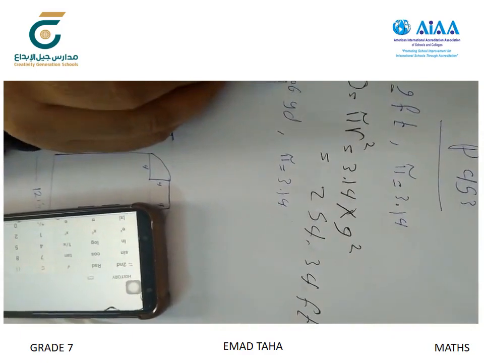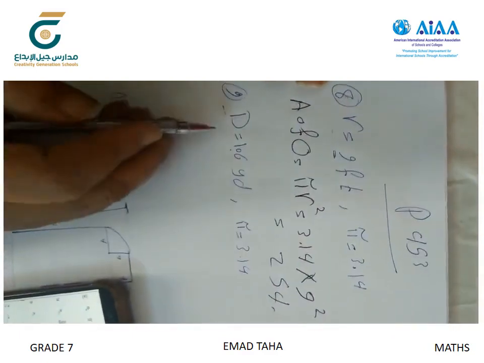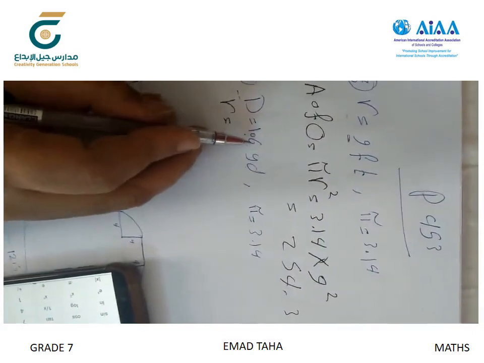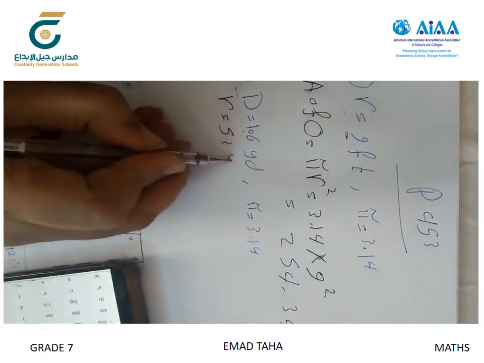Okay, question number 9. He gave me the diameter equal 106 yards. So we want to find the radius. Radius equals half the diameter, half of 106 equals 53 yards.